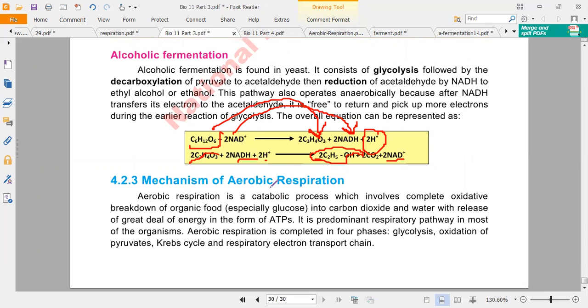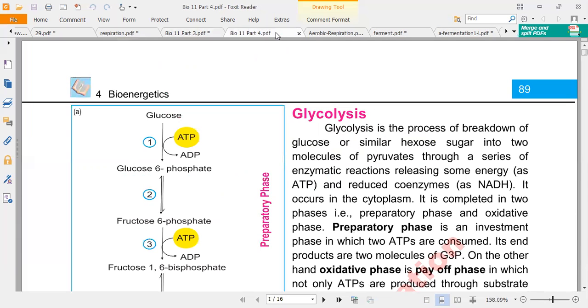The first step of that is glycolysis. Glycolysis is the common process to make pyruvate from glucose, for both aerobic and anaerobic respiration.